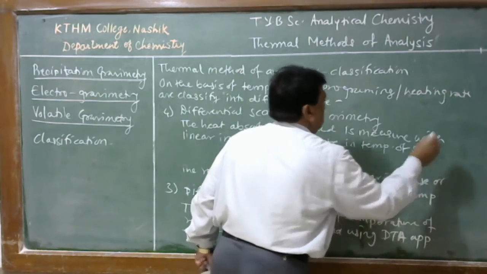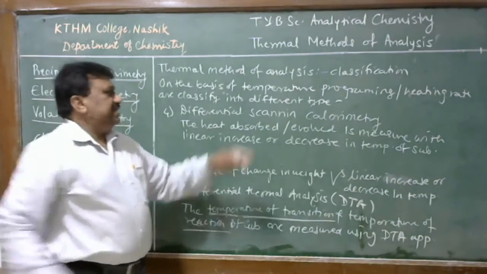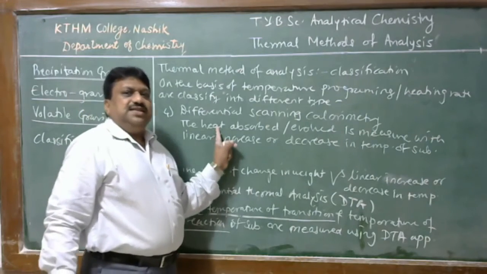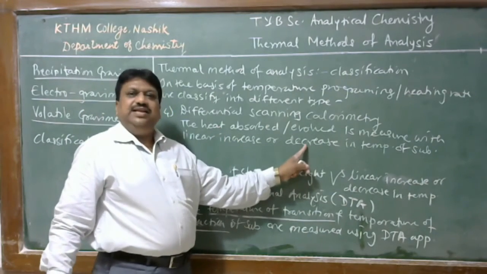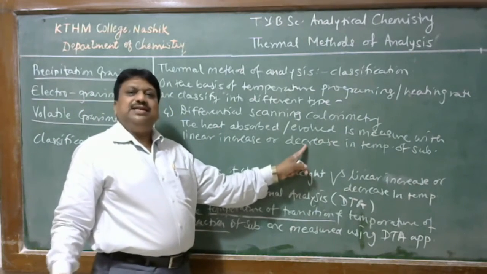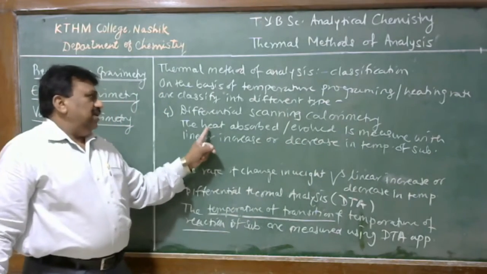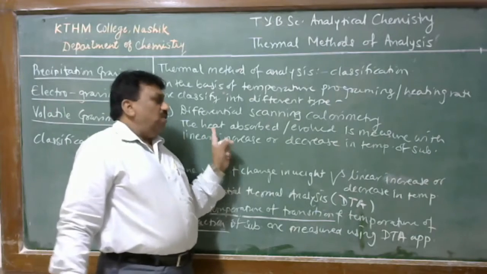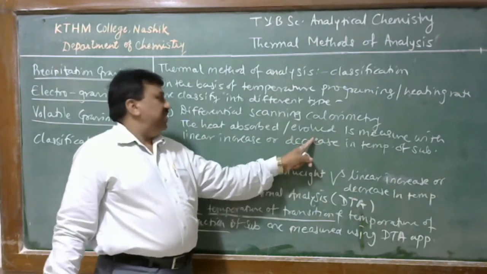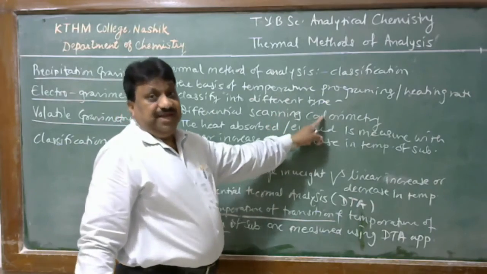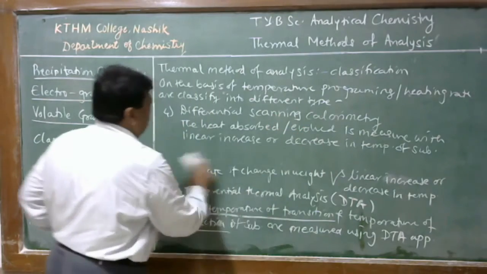Therefore, in differential scanning calorimetry, the substance is heated linearly or sometimes cooled linearly by changing temperature linearly. Whatever amount of heat is absorbed or evolved by that substance is measured, and that is called differential scanning calorimetry.